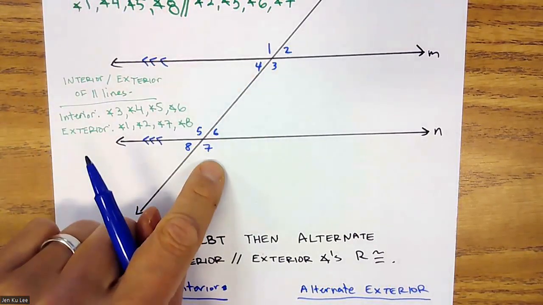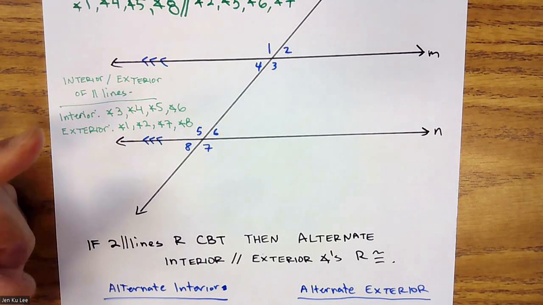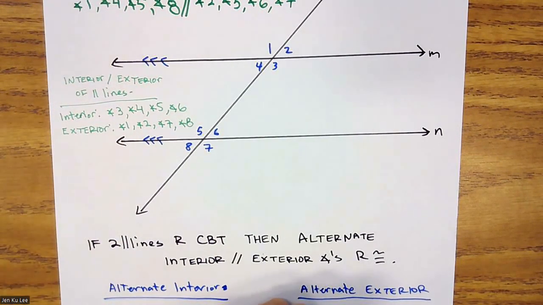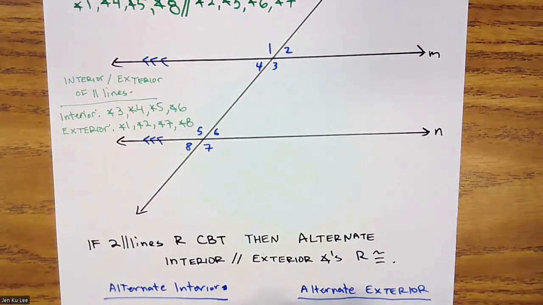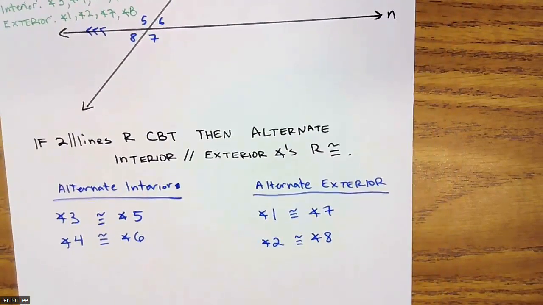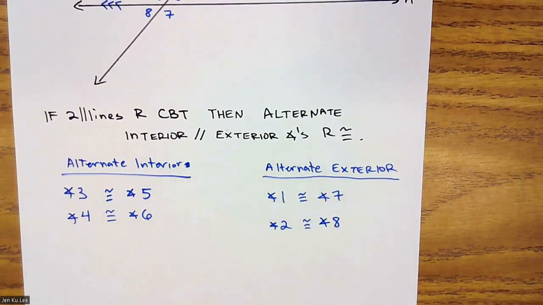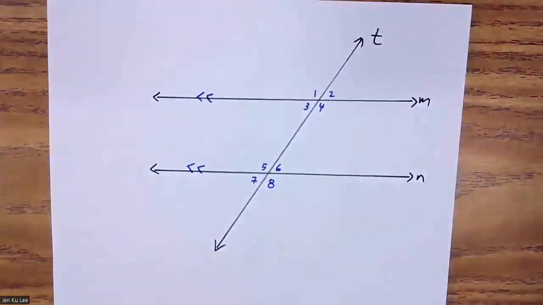One's on the left, one's on the right, and they're both on the outside of the parallel lines. So that's angle 7. And then angle 2 and angle 8 because of the same reasoning. Okay, so these four pairs are alternate interior and alternate exterior angles. Cool? Yeah.